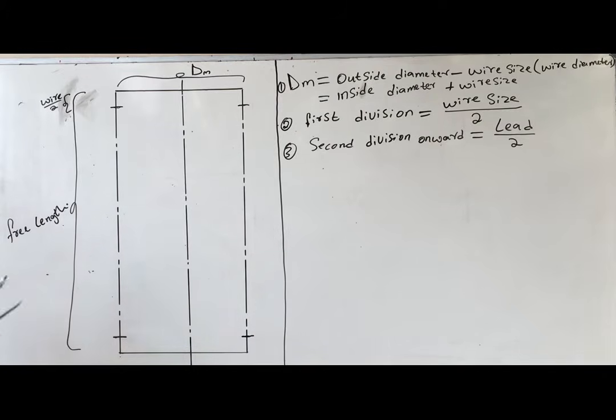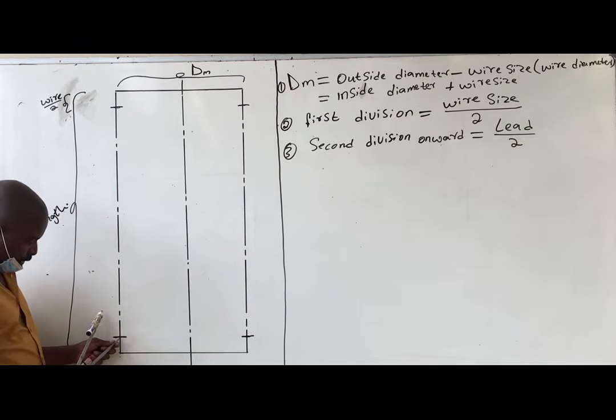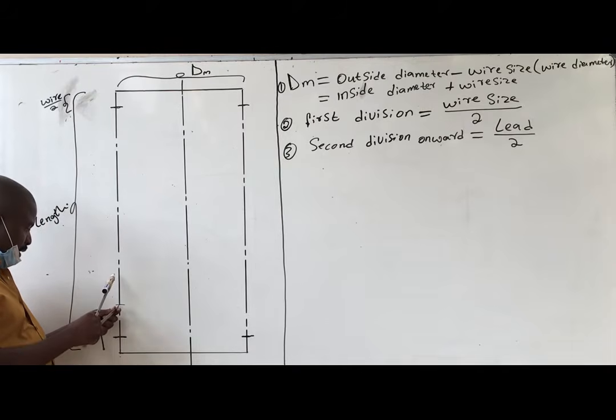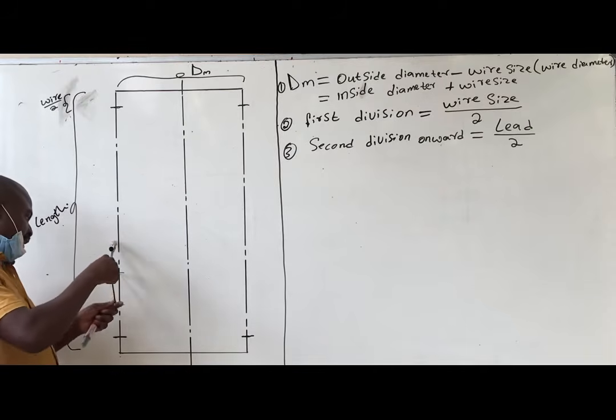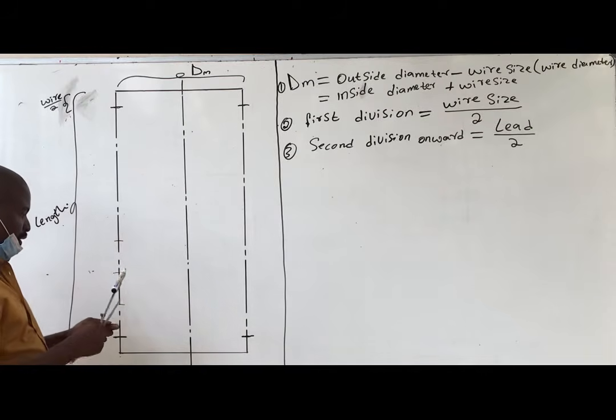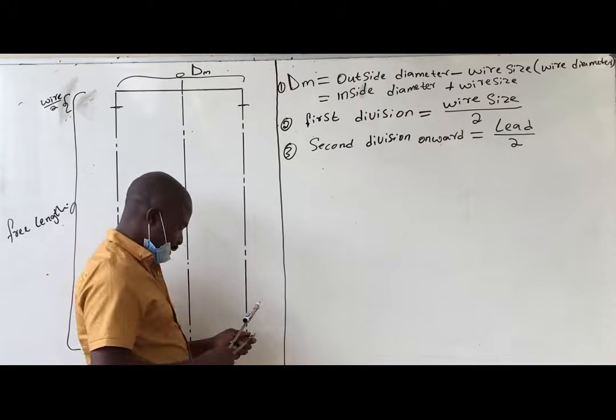What will be the measurement here? 10. Where did you get 10? 20 divided by 2. So it means from this division, you'll measure 10, 10, 10. You only need 4 divisions, like on the square thread.